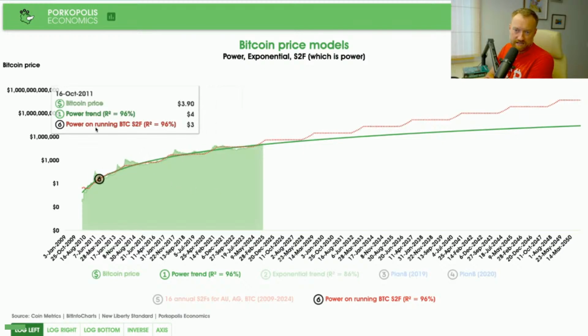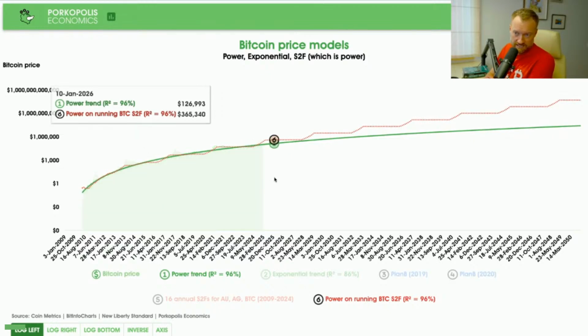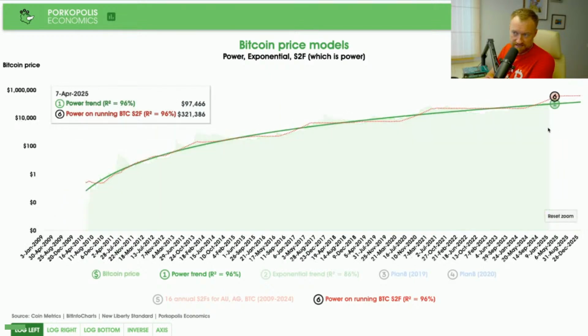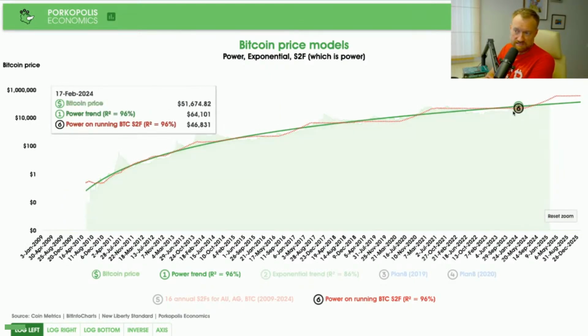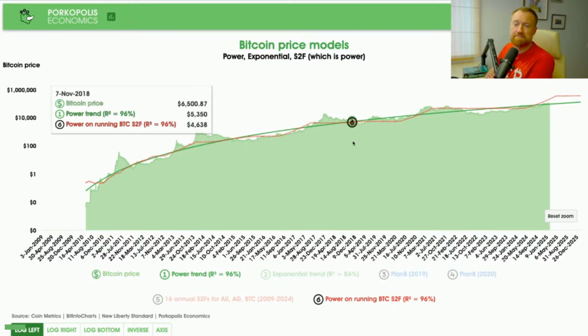And here, okay, it says power on running BTC S2F. I'm simply taking the stock to flow at every single day. It's just like you do it for power, by the way. You just cumulatively run all the data, and then the last piece of data you extend. Okay, that's how it works for typical statistical models. I'm doing the same here. So it's better. And again, it is a power relationship, but it is influenced by exponential emission. That's the key with stock to flow.